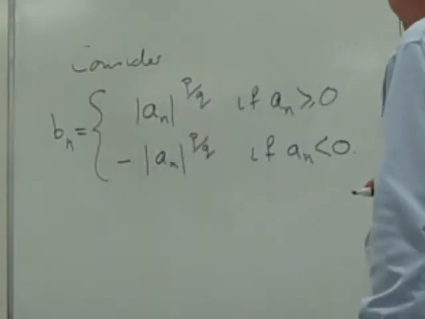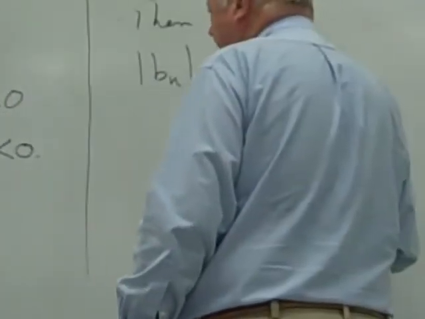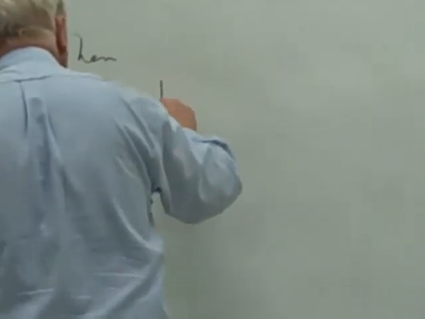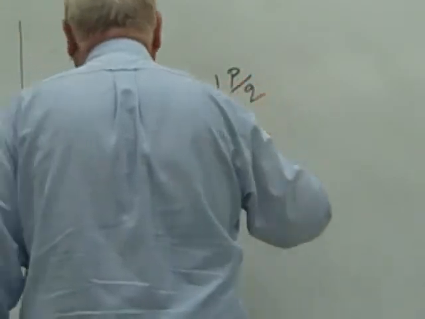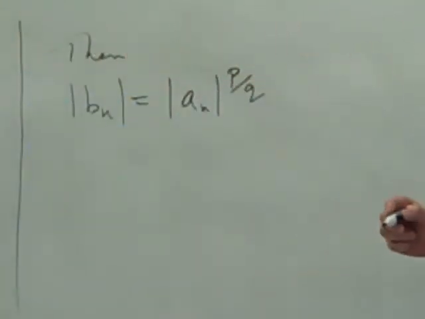Then the absolute value of b_n, the minus sign goes away, so in both cases, this is absolute value of a_n to the p over q.